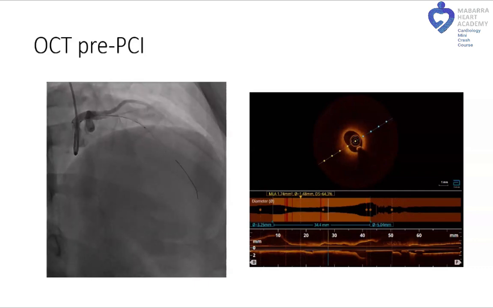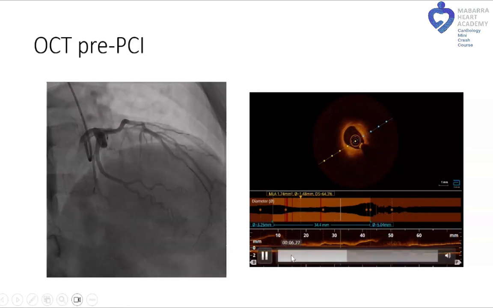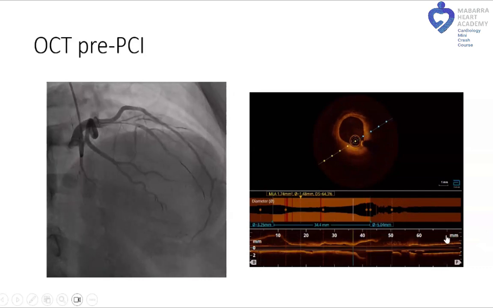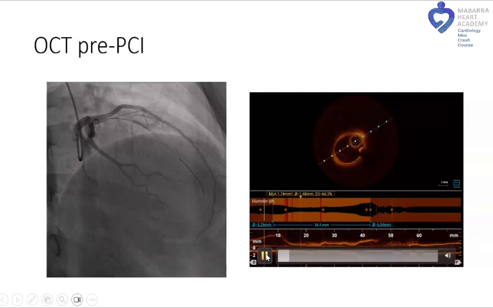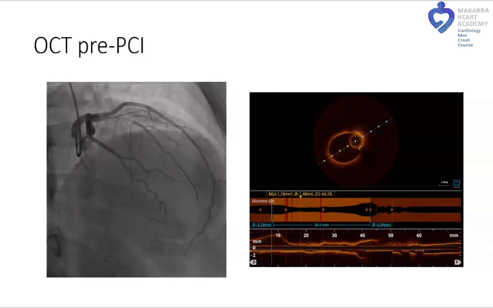In this scenario, it will show you the lesion from distal to proximal. And as you can see, we'll just repeat this. Distally, you can see a relatively healthy, normal vessel wall.